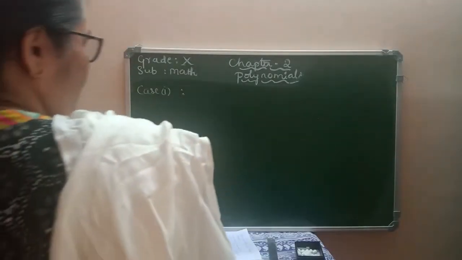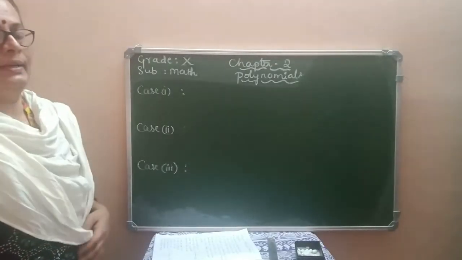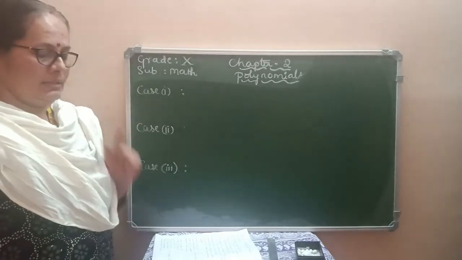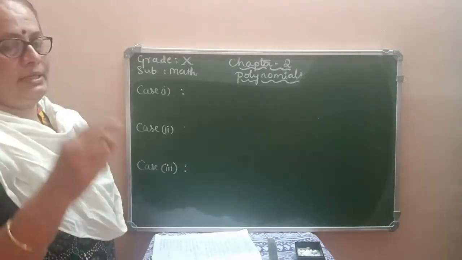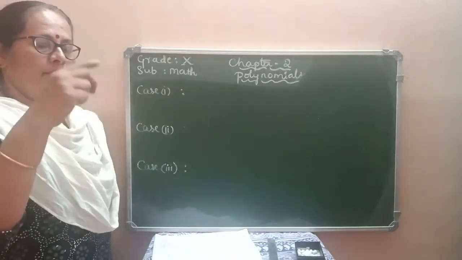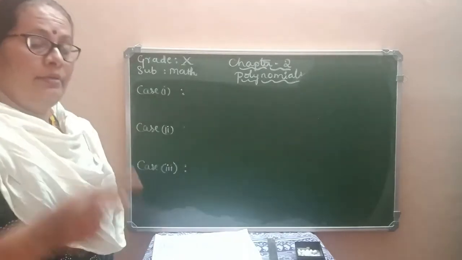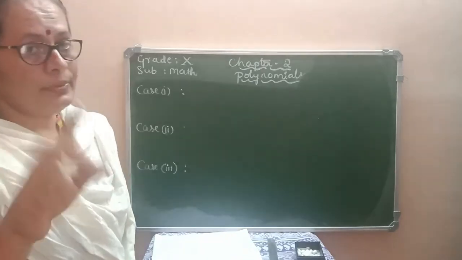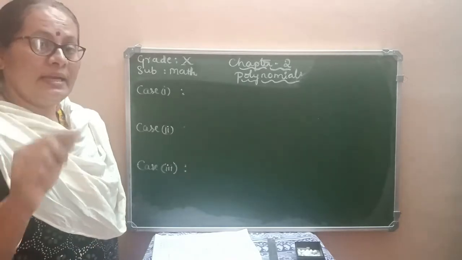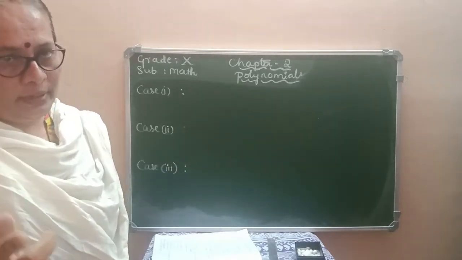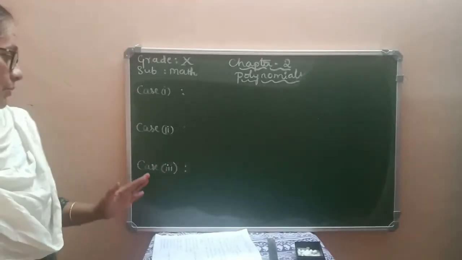The graph of a quadratic polynomial p of x equals ax square plus bx plus c, where a is not equal to 0, has one of two shapes: parabola open upward or parabola open downward. When the coefficient of x square is positive, we get parabola open upward. When it is negative, we get parabola open downward, and we get three possibilities, that is case 1, case 2 and case 3.